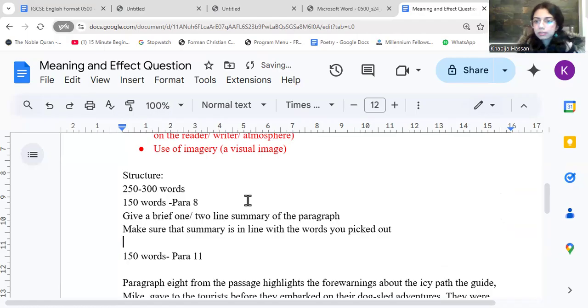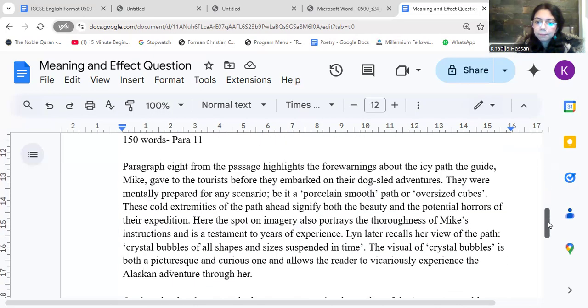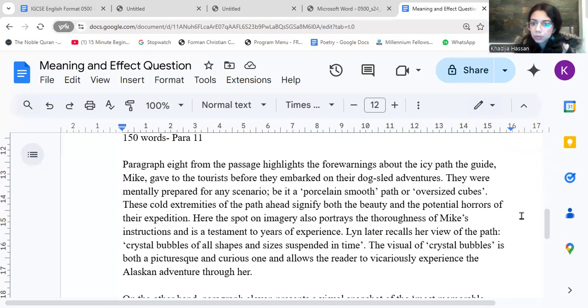What I mean by that is try to associate that 1 line summary with the words that you have picked out from that paragraph. So the set of words that I picked out from paragraph 8 were porcelain smooth, oversized cubes. What are they explaining? The path, the icy path. And then the third one I picked out was crystal bubbles of all shapes and sizes suspended in time. So I'm still talking about the icy path, right?